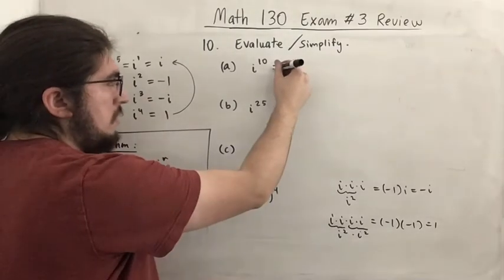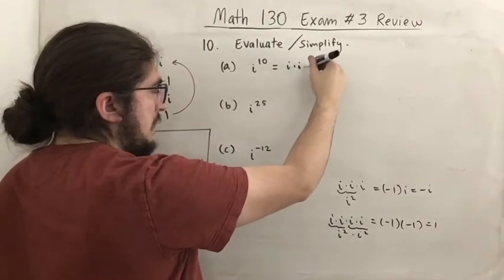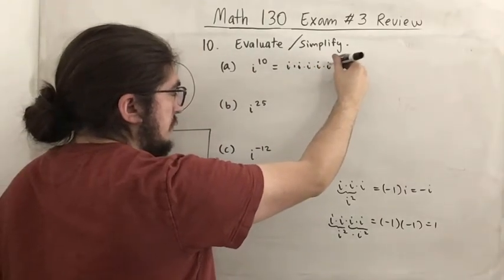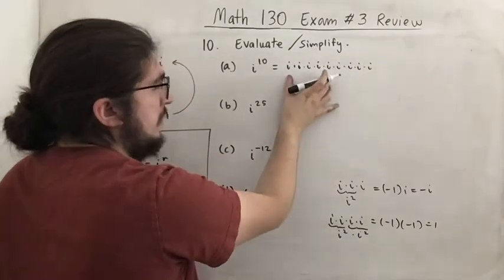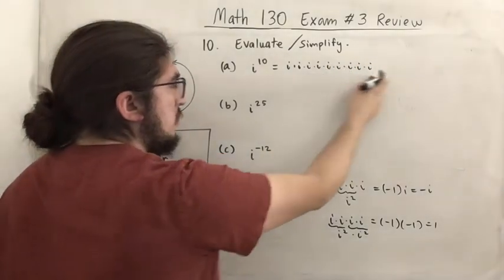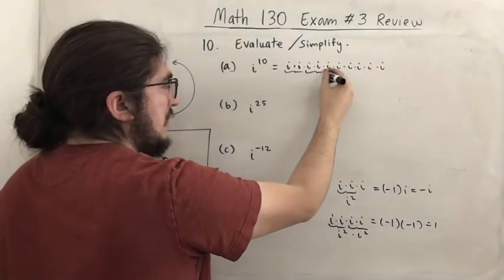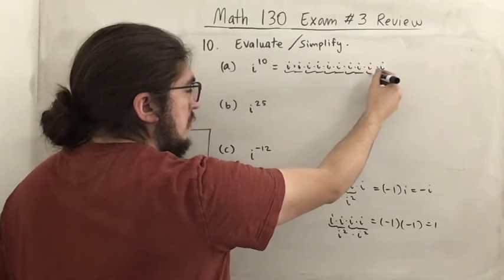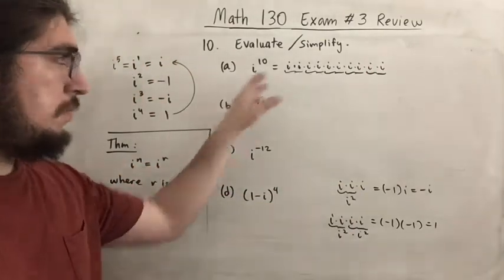So maybe I'll just try to explain that if we were to write it out, we get i times i times i times i, so there's 10 of them. You could do it this way, but this is a pretty horrible way of doing it. Let me try to count here. So I have 9 so far, so there we go. Now, every 2 i's, that's i squared, and that's -1. So this is -1 multiplied by itself a bunch of times.